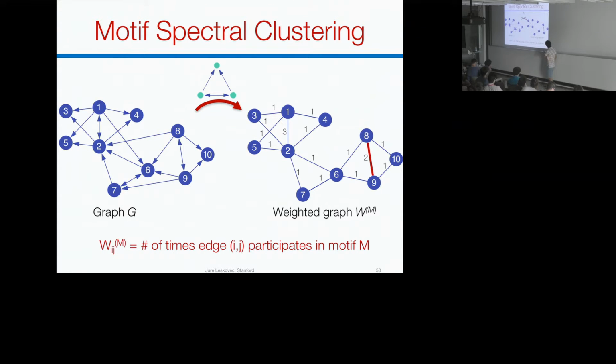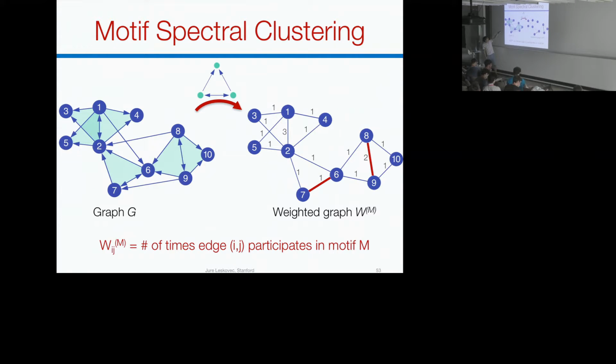So, for example, why does this edge have weight 2? If I look at the motifs in this graph, here they are. This edge here participates in 2 instances of the motif of interest, so it has weight 2. And this particular edge here has weight 1 because it participates in 1 instance of the motif.